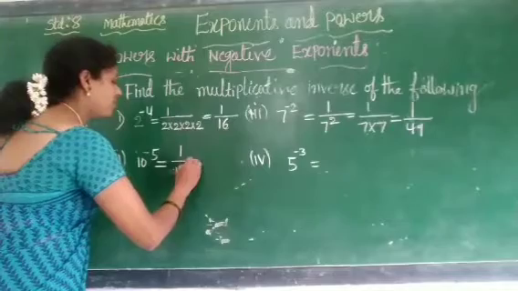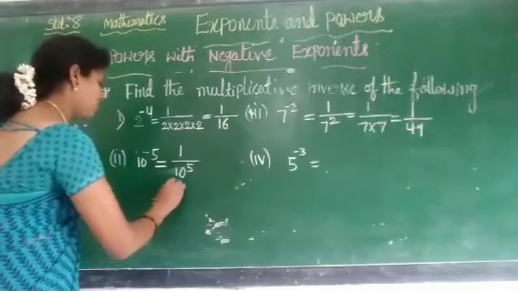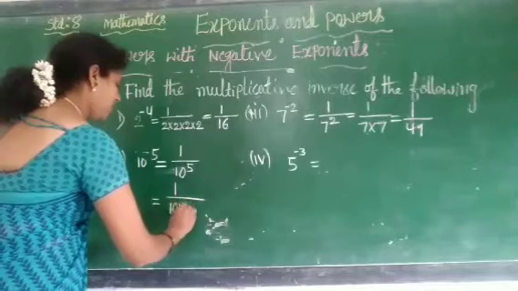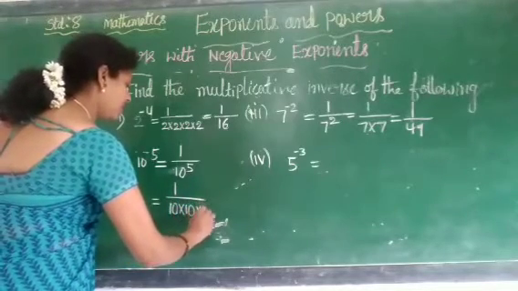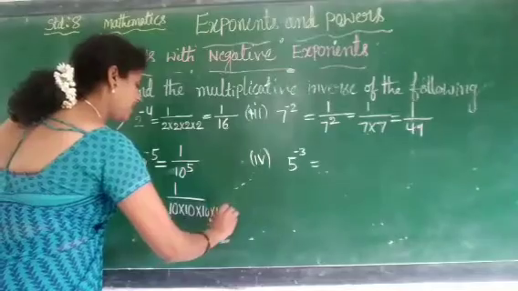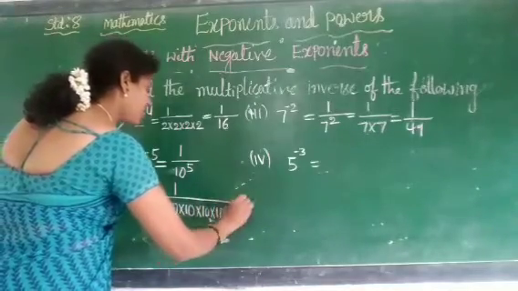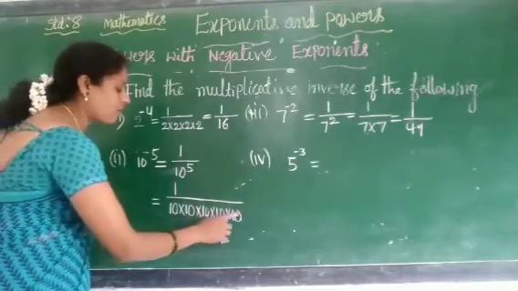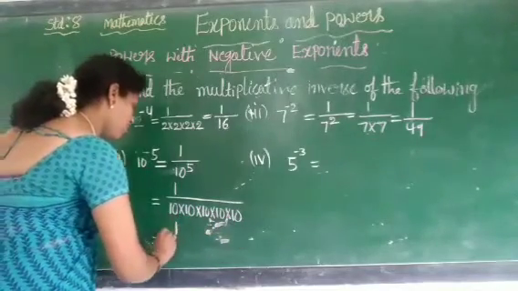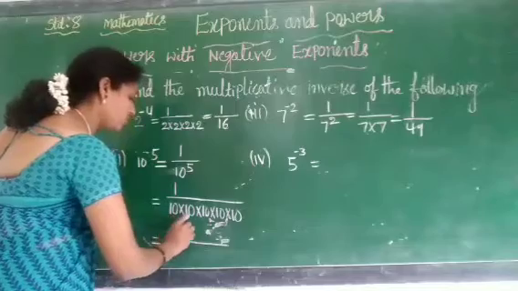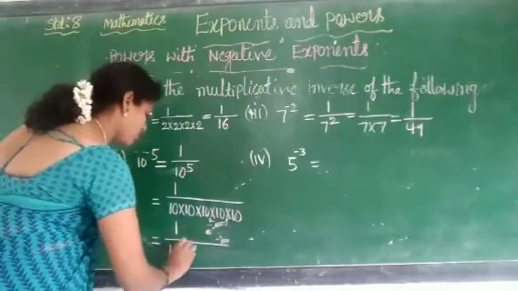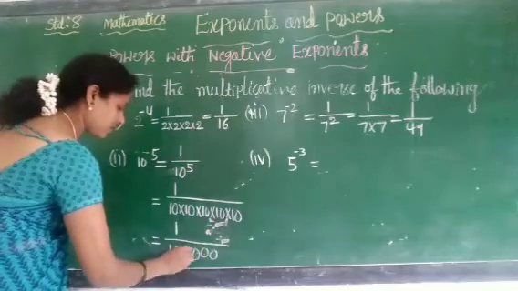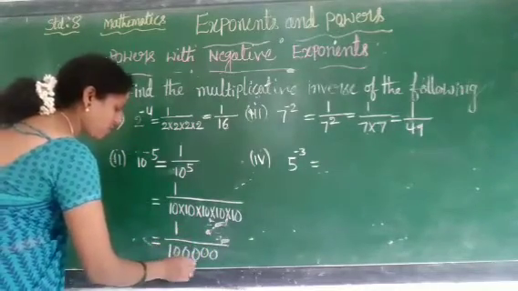Third one, 10 to the power minus 5 can be written as 1 divided by 10 to the power 5, which is equal to 1 by 10 into 10 into 10 into 10 into 10, five times. That is 1 divided by 1 followed by 5 zeros, which is 1 divided by 1 lakh.